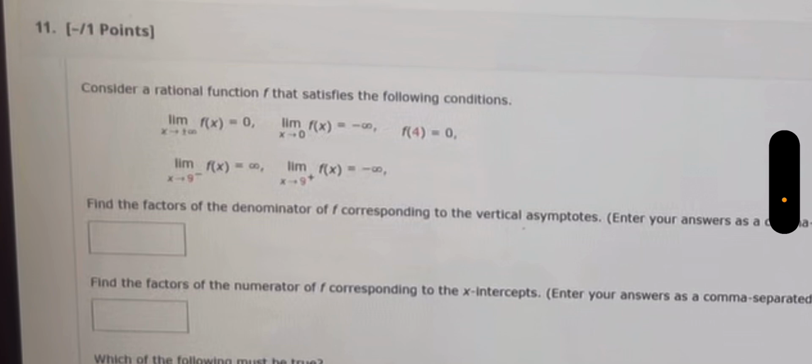X minus 4? So the factor for the x-intercept would be x minus 4. The factors for the vertical asymptotes would be x, comma, open parentheses, x minus 9, close parentheses. Okay.